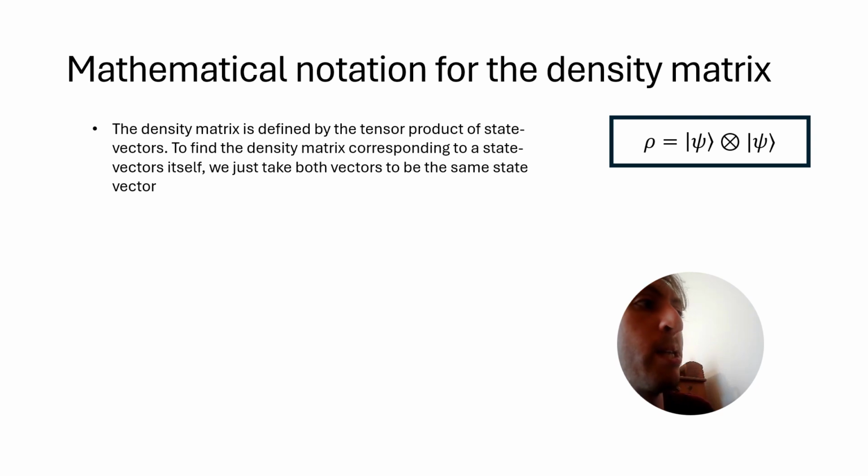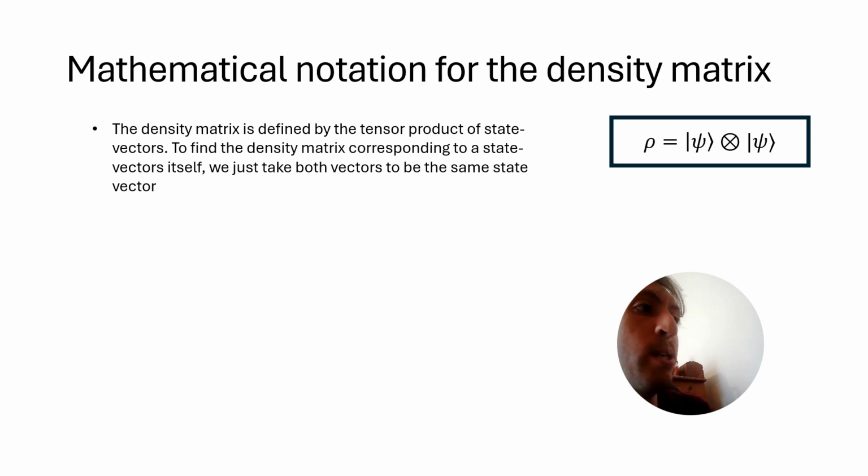In this case, we just define the state to be the tensor product of the state vector with respect to the state vector. There's a single state vector involved because we're talking about the density matrix of a particular state of a system, and we're not worrying about that system as being made up of subsystems or anything like that.